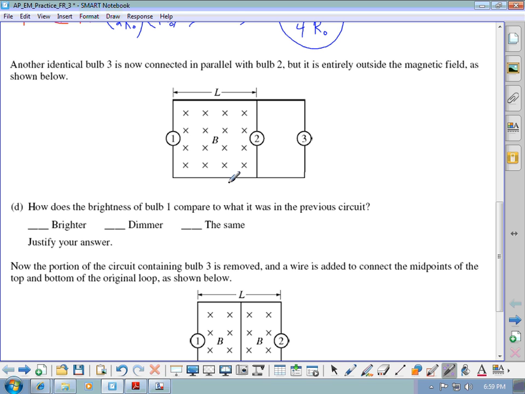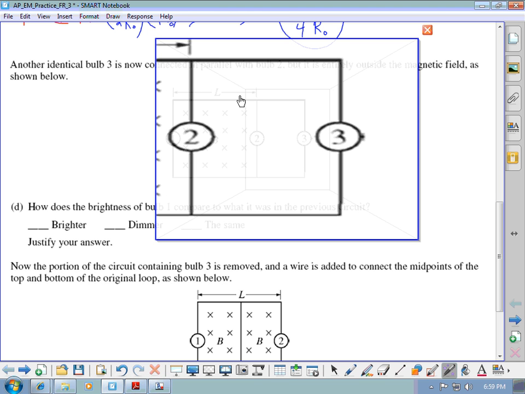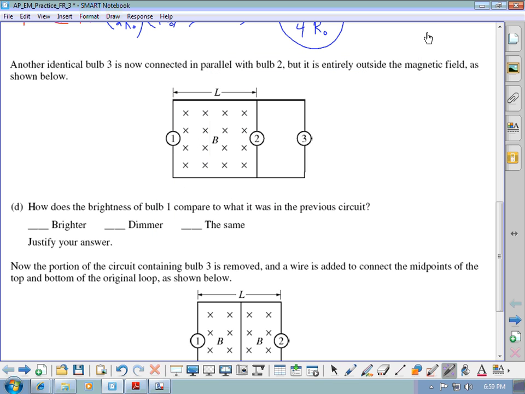And so if you have the same size battery placed in that circuit, you now have those two resistors that are in parallel with each other. Those two resistors in parallel add up to give less resistance. And so if there's less resistance over on this side, then that means that there's less total resistance in the circuit.